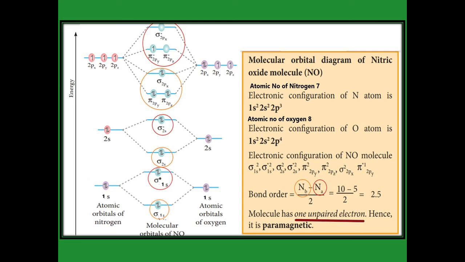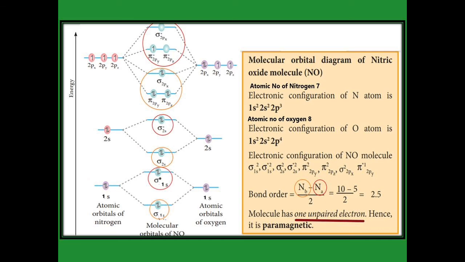First of all, pi 2py and pi 2pz are filled by 2 electrons each. The next one, sigma 2px, is filled with 2 electrons. So totally we have now filled 6 electrons. One more electron goes to pi star 2py.